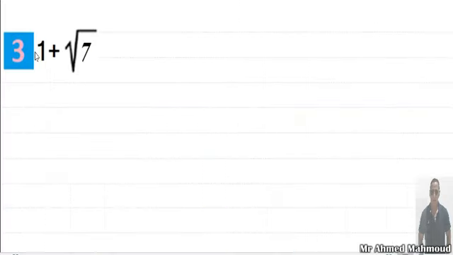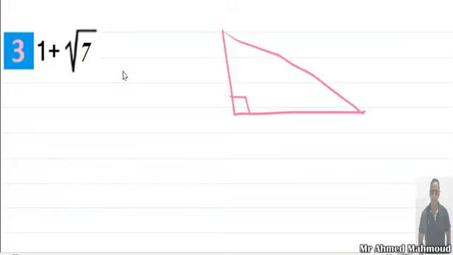Now I need to represent 1 plus root 7. Of course, I need to find root 7 first before adding 1. How? I'm going to draw a right angled triangle like this. Its base equals root 7. Its hypotenuse equals (7 plus 1) over 2, which is 4.